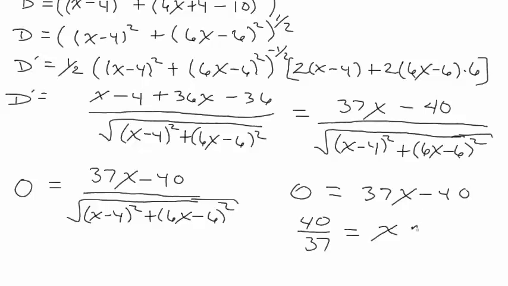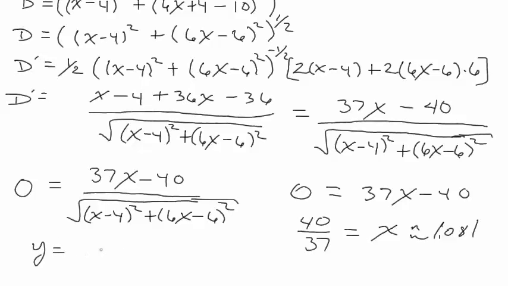So I'm going to say approximately, I don't know, what is that? We know it's a little more than 1, isn't it? 40 divided by 37 is 1.081. I'm getting 1.081. So approximately 1.081. Of course, you want to take this number here now, plug that into y so we know what y is.